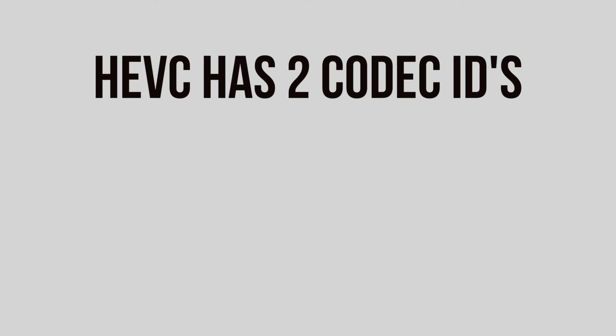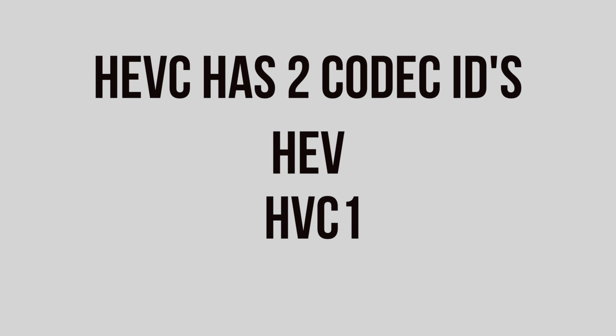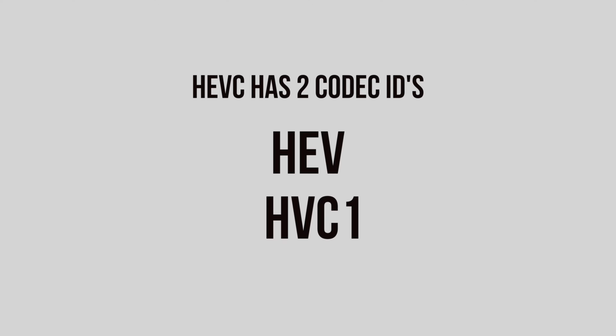So similarly, you would expect that HEVC would also have its one unique codec ID. HEVC has two codec IDs, HEV1 and HVC1. And Apple, being Apple, only supports HVC1.